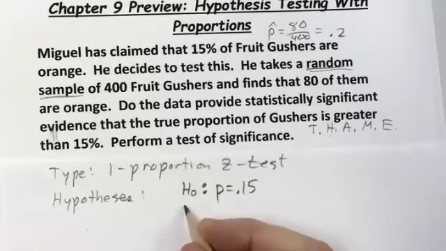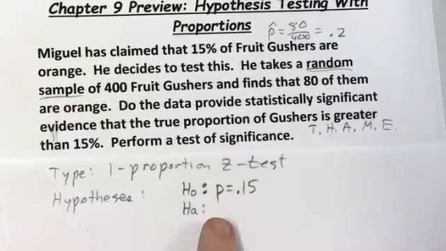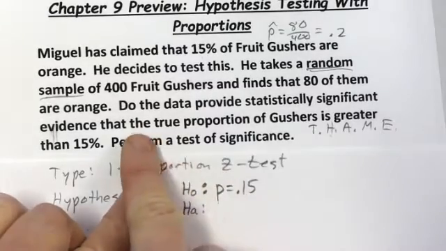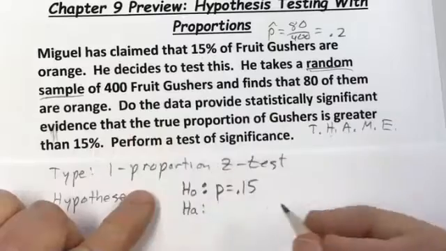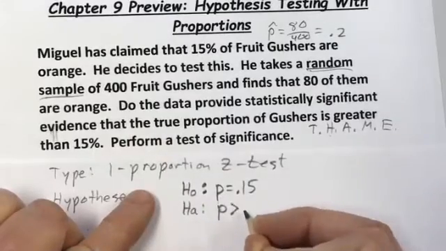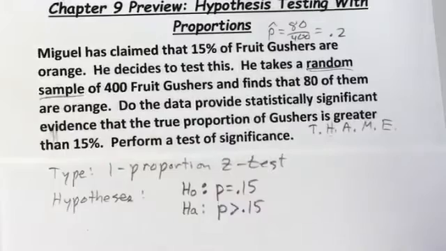The alternative, which we write as H sub A, is what we are testing for or what we think might be true. In this case, do we have evidence that the proportion of gushers that are orange is greater than 15%? So that's our alternative. We're testing for greater than. That's what your null and alternative hypotheses are always going to look like. The null is always going to be equal to, and the alternative is always going to be either greater than, less than, or not equal to. We'll practice that.